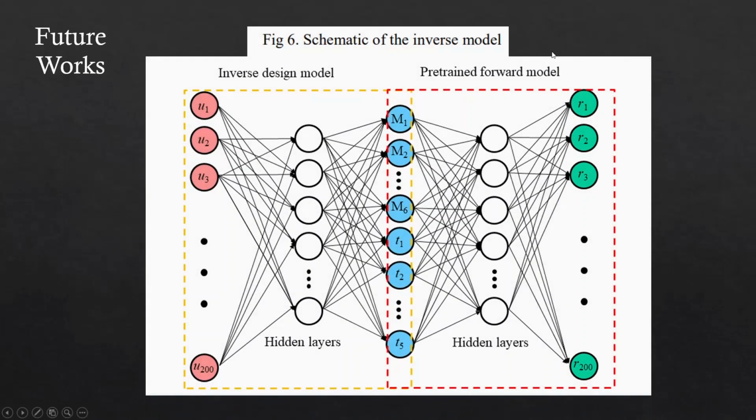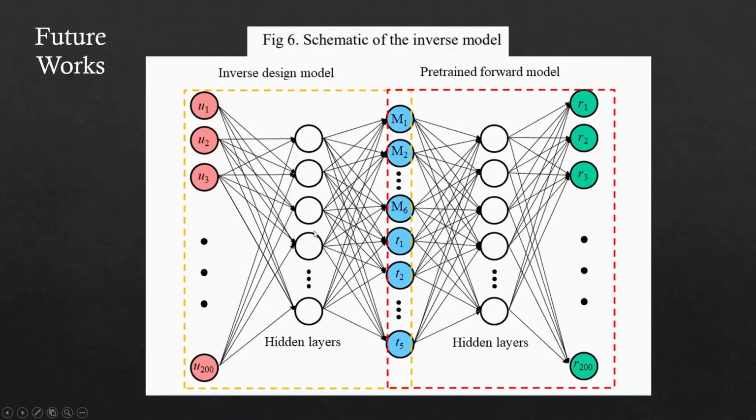Here, we have this model. The forward model is pre-trained. This is considered as a machine. When we give these 11 features, the model can predict these 200 points for us. Now we can freeze the weights of this model and connect it to this part.